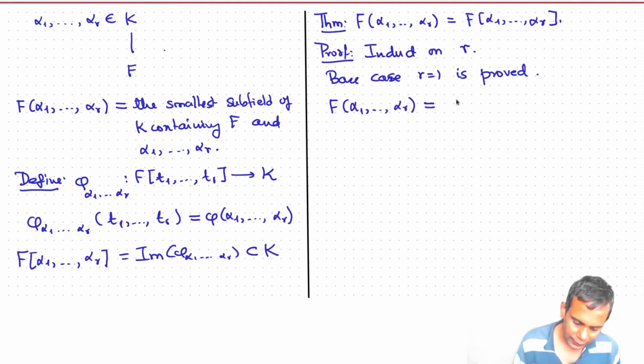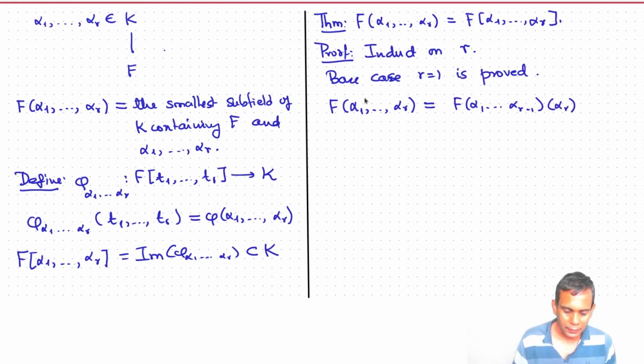It is just to realize that this is F(alpha 1, ..., alpha r minus 1)(alpha r), the smallest subfield of K containing the field F(alpha 1, ..., alpha r minus 1) and alpha r. That turns out to be the same as the smallest subfield of K containing all the elements alpha 1 up to alpha r.